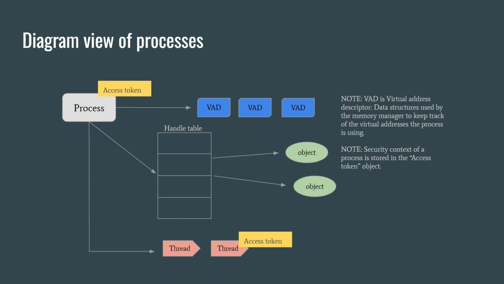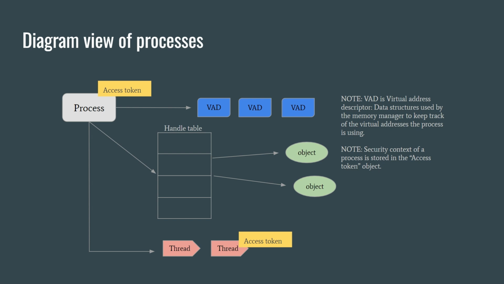So each process has an access token, and the threads within that process can also have their own security context, which is stored in an object called an access token. So that's the threads. Each process also has a handle table. If your process has a handle to certain objects or certain files, for instance, kernel objects, whatever they may be, your handle table stores that.